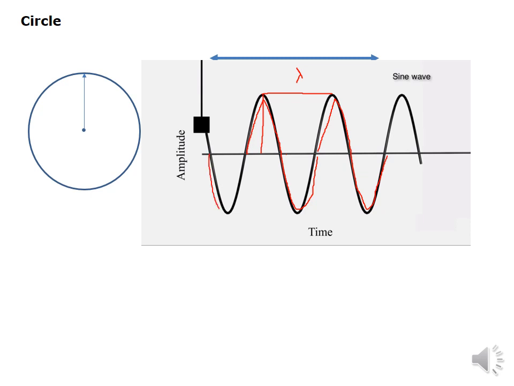And this is one cycle. You see there is another cycle. If we start from here, you will have one cycle, then a second, and then a third. So in this signal we have three cycles.